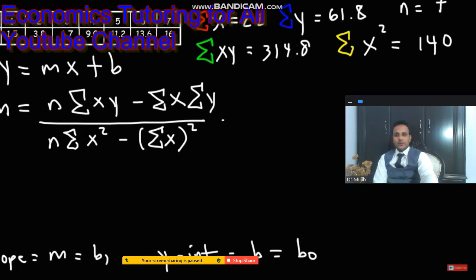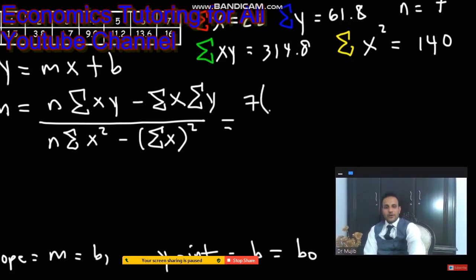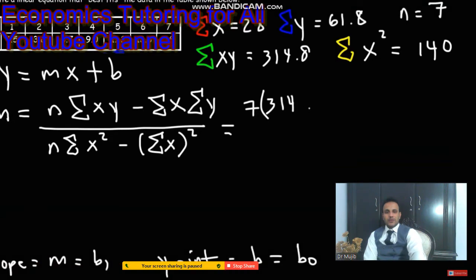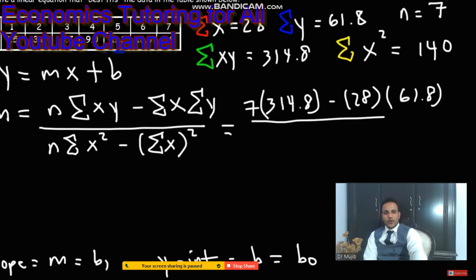Now putting values in the given formula: n is equal to 7, summation xy is 3314.8 minus summation x, which is 28, times summation y, which is 61.8, divided by n, which is 7, and summation x square is 140 minus summation x squared. Keep in mind, summation x is 28, so we have to square 28.